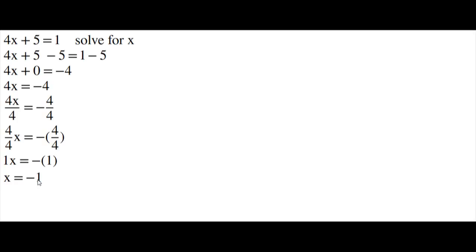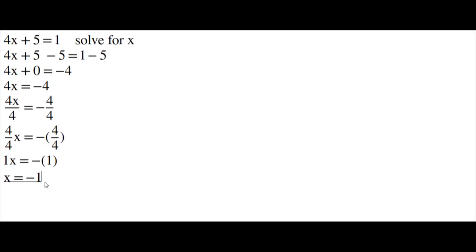That's a completely different story. But anyway, 1 times x is x. It doesn't change it. And -1 turns into a -1. Okay, so your end result is x equals -1.